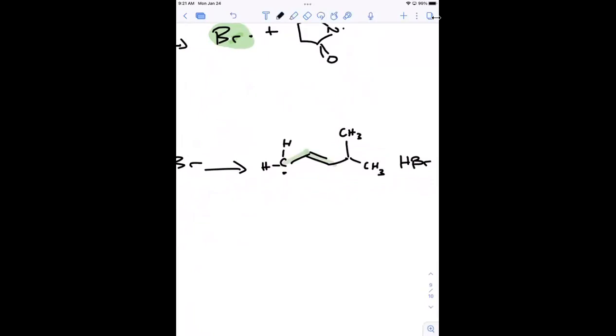Then does one of the radicals go down to the carbon below? You're right, but let me make that as plain as possible. When you have an allylic radical, which means you have a radical adjacent to a double bond, the way that delocalizes every single time is you shift the double bond over.